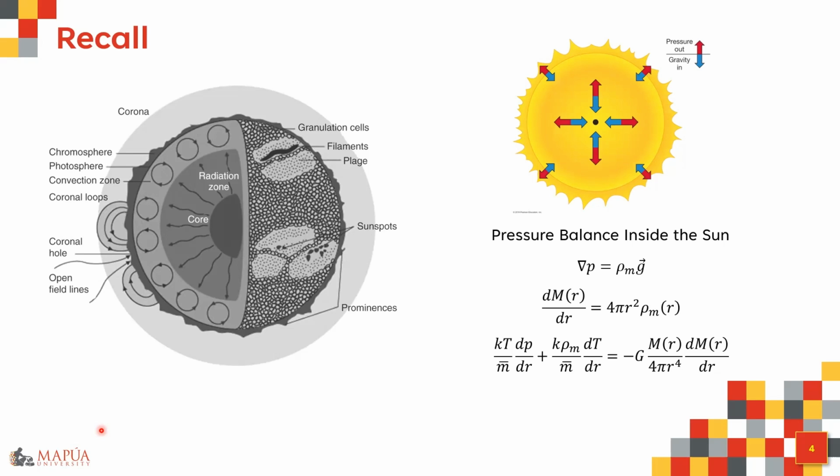And then we have several discussions about this derivation. But the point here is that using this pressure balance equation, we were able to derive differential equations that will be used later to estimate how density, mass, temperature, pressure varies with radius.